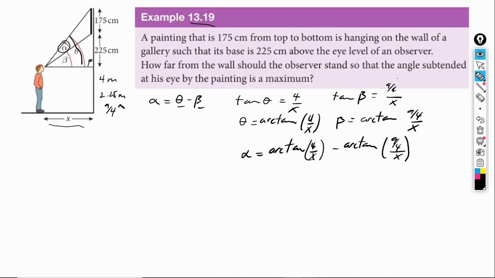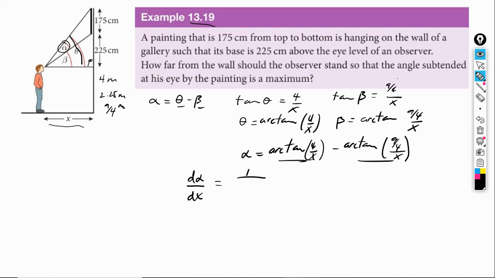Since we need to find the maximum, we will have to do the derivative of this and equal it to 0. Okay, so let's do the derivative. So the derivative of alpha in terms of x is going to be the derivative of this expression minus the derivative of this expression. So arctangent, remember the derivative of that is 1 over 1 plus x squared.